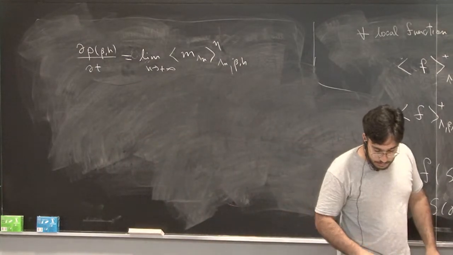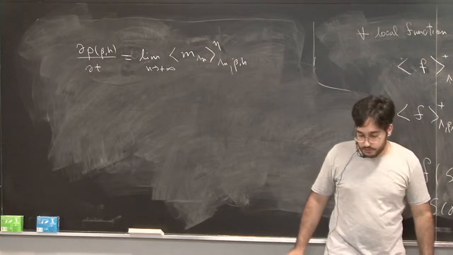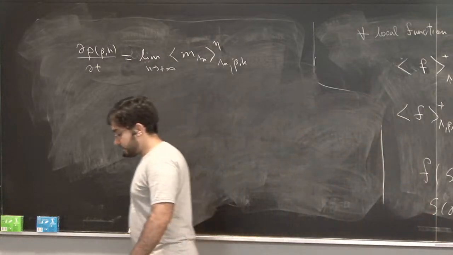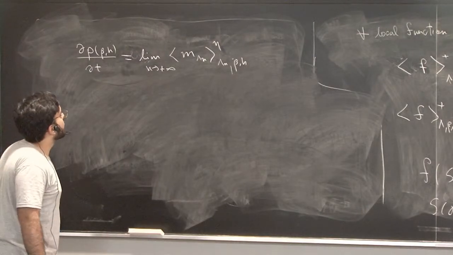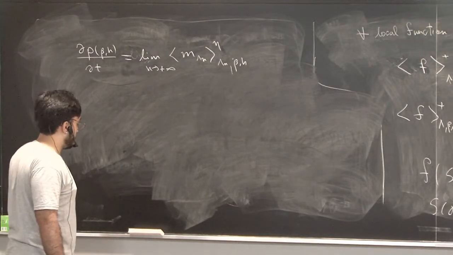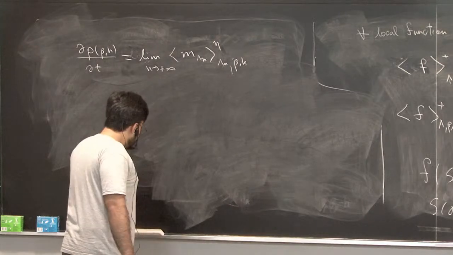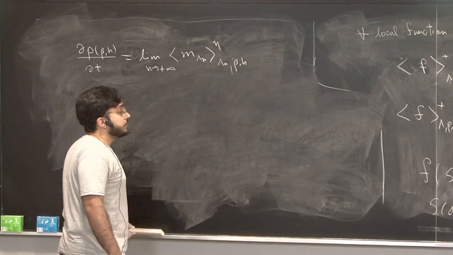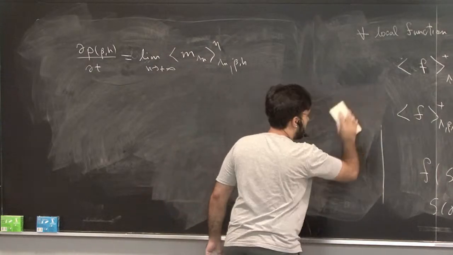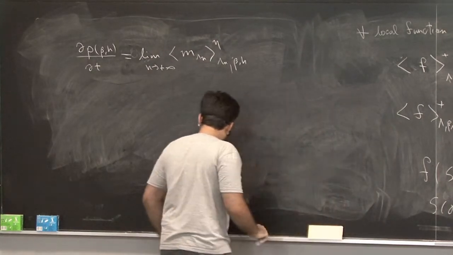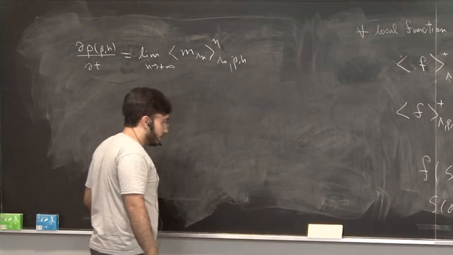This is not enough to see what happens to the measures, and to study that, we will need another very important inequality called the FKG inequality, the FKG correlation inequality.